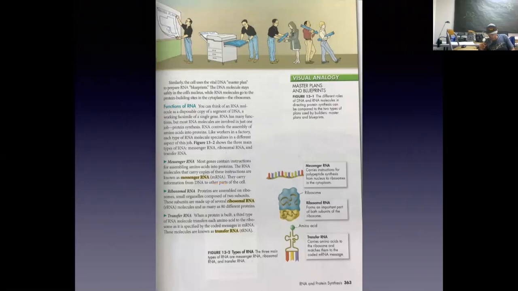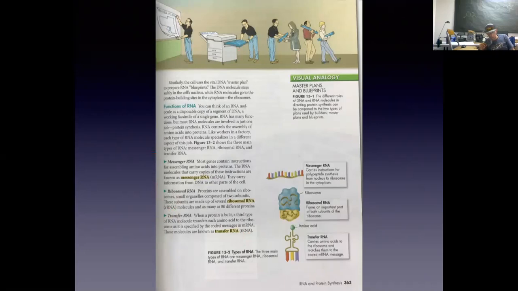Let me take that off. I'll just use my pointer. You have mRNA. For ribosomal RNA, we abbreviate that rRNA, lowercase r, and then all caps RNA. For transfer RNA, it's abbreviated tRNA. The little t stands for transfer RNA. So again, you have messenger RNA, ribosomal RNA, and transfer RNA.